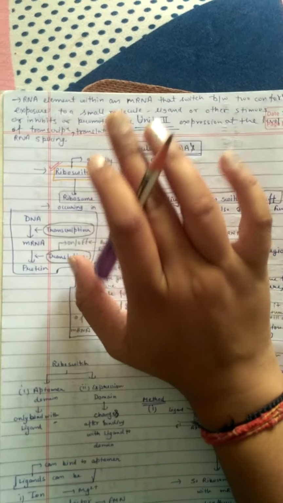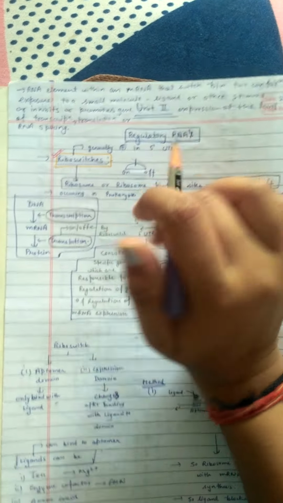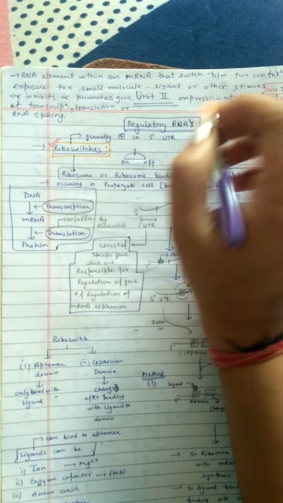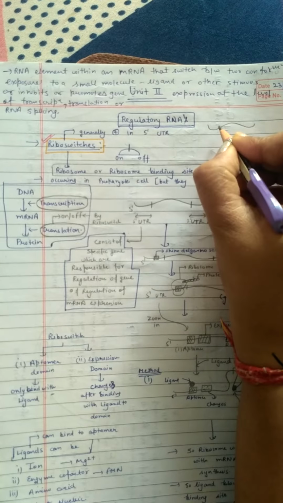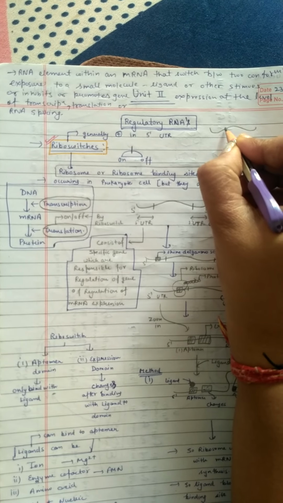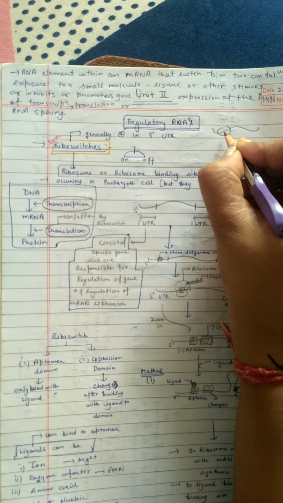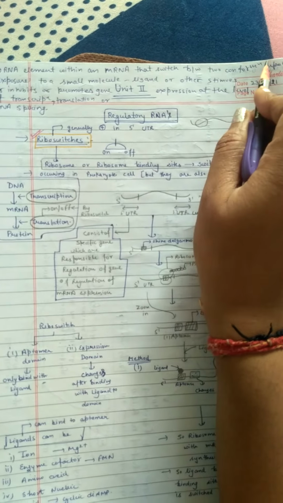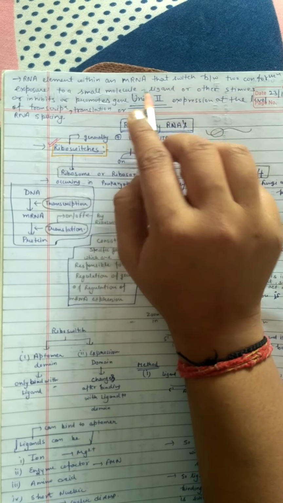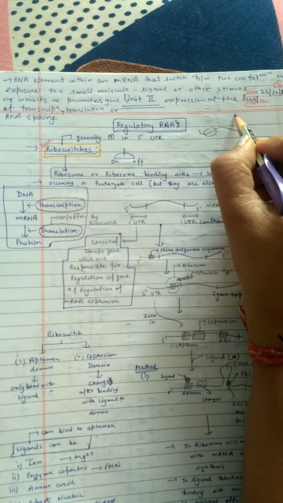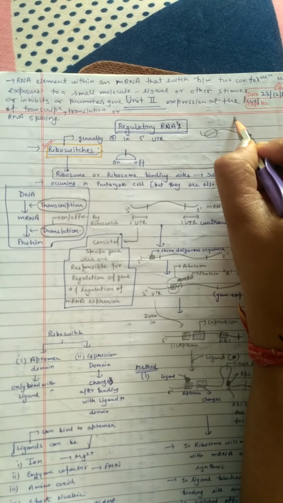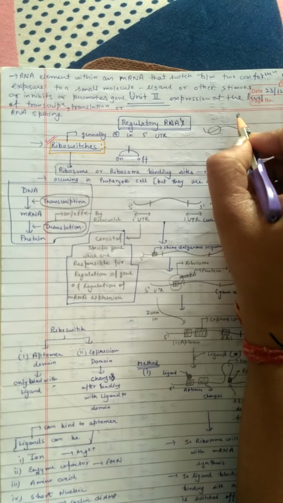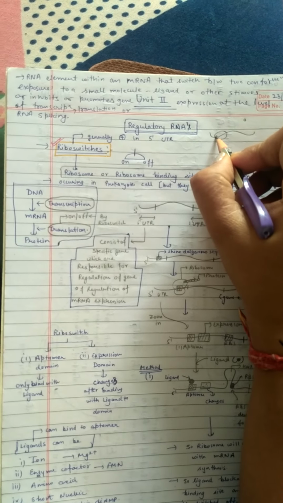First of all, I want to tell you the definition of regulatory RNA. It is an RNA element within an mRNA, a site where this RNA element switches between two conformations upon exposure to a small molecule or ligand, or any stimulus, any kind of ion, or any kind of particle which can attach to this site.